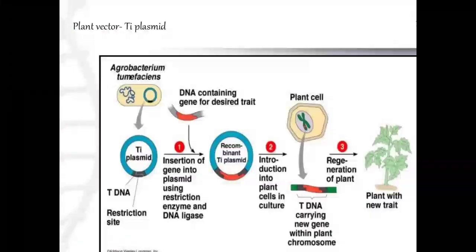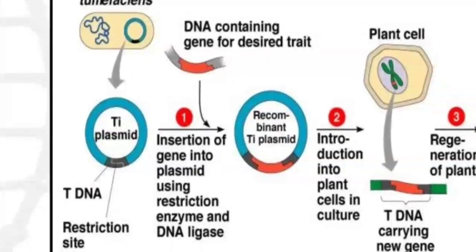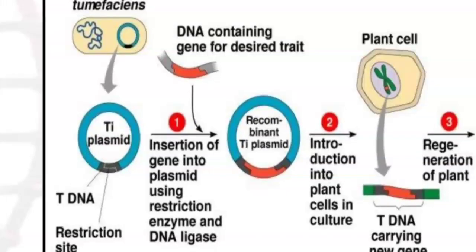So this is the plant vector, the Ti plasmid, the tumor inducing plasmid of Agrobacterium tumefaciens. It is a bacterium having a circular Ti plasmid. In the first step, the T-DNA is cut with the help of restriction endonuclease enzymes, and the DNA containing the gene for the desirable trait is inserted into the plasmid using the restriction enzymes with the help of DNA ligase.